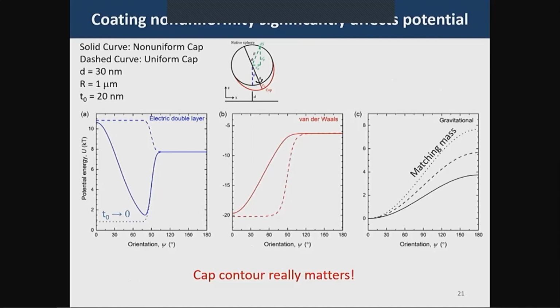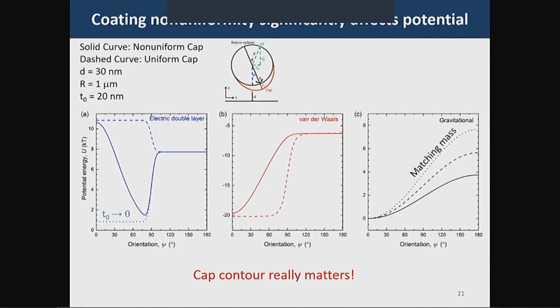On the x-axis is orientation, and on the y is potential energy. So you should think about minimums or wells here as being locations where the particle would be quenched. And then the solid line is the non-uniform cap, and the dashed line is the uniform cap.